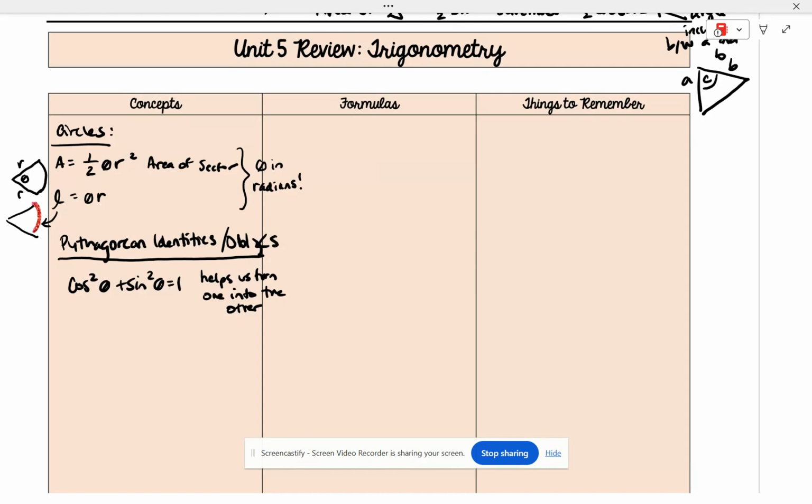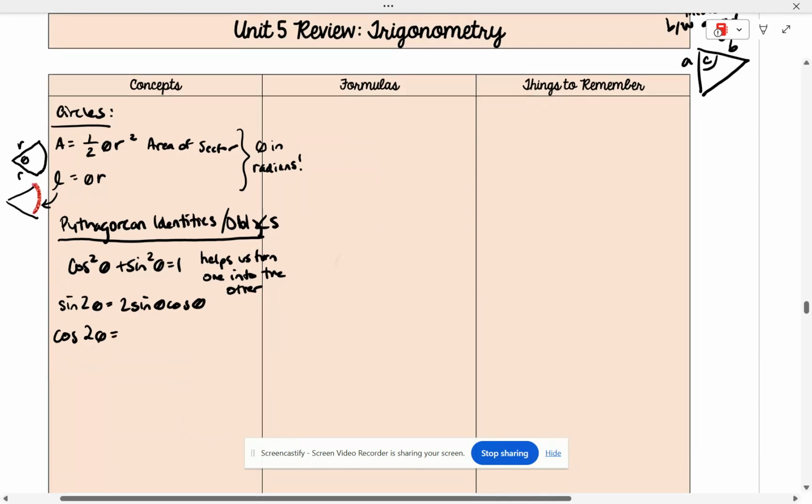You're going to probably need to turn one into the other using this formula, something like that, okay? So you're going to use this formula to help you turn one thing into the other and try to get something if it's unknown. We also have our double angle formulas. And then we also have these. You have a few to choose from.